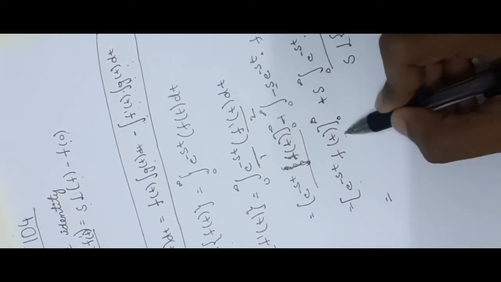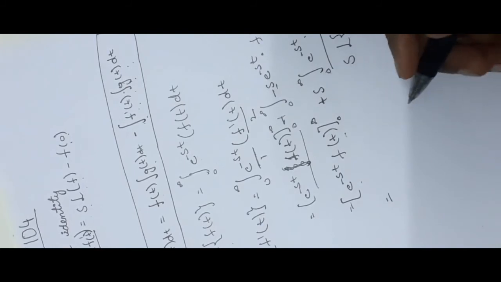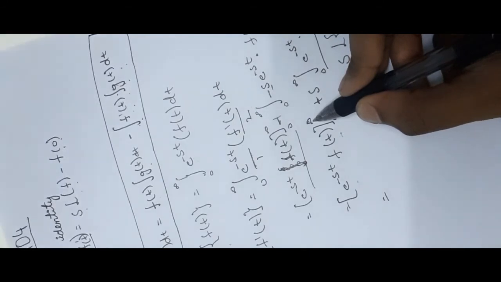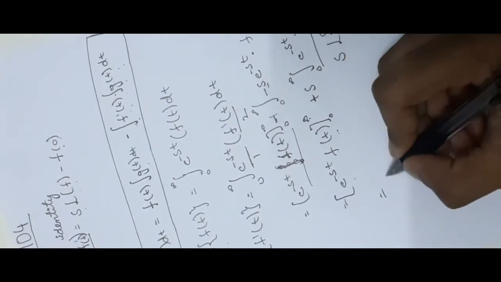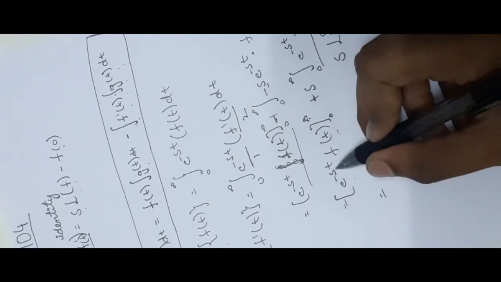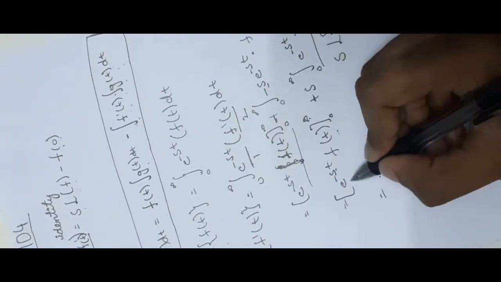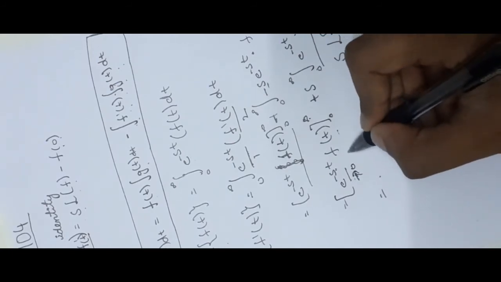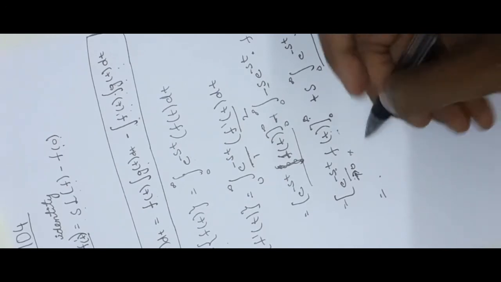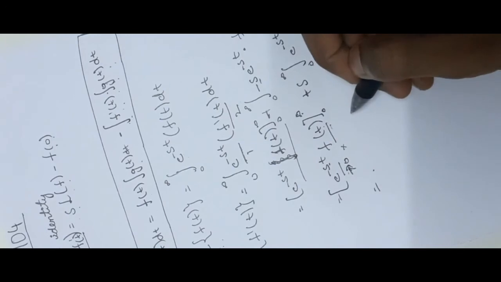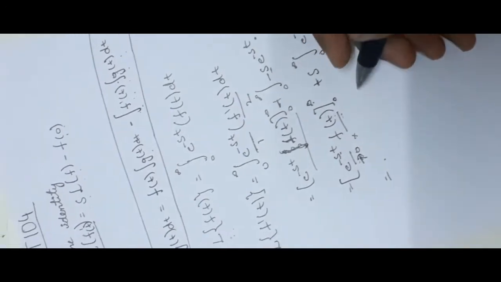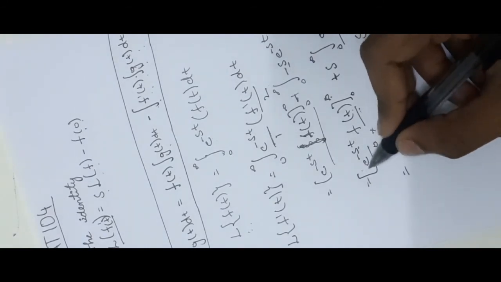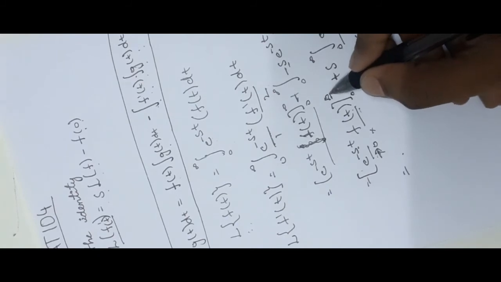Coming to this part, applying limits here. First applying the upper limit infinity: e to the power minus infinity will tend to 0, multiplied with f of t. So this could be anything, right? We can't say in every case this value would be 0, but in most cases we can say that this product would be 0 on applying this limit.